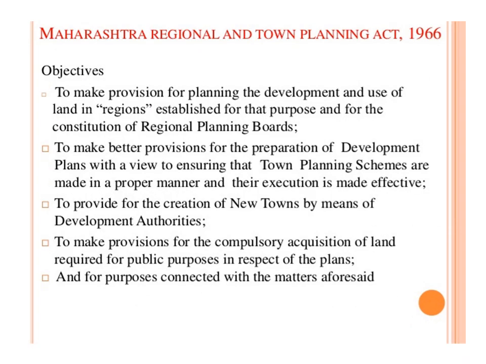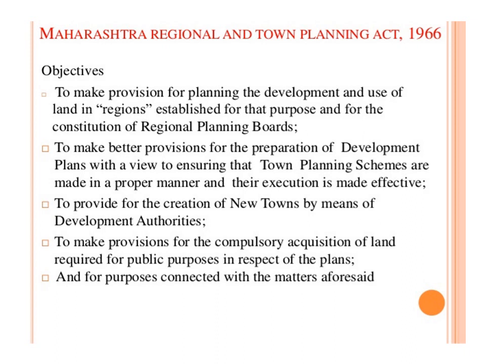So in this slide we are going to see what are the objectives of Maharashtra Regional and Town Planning Act 1966. The objectives are to make provision for planning the development and use of land in regions established for that purpose and for the constitution of regional planning boards.